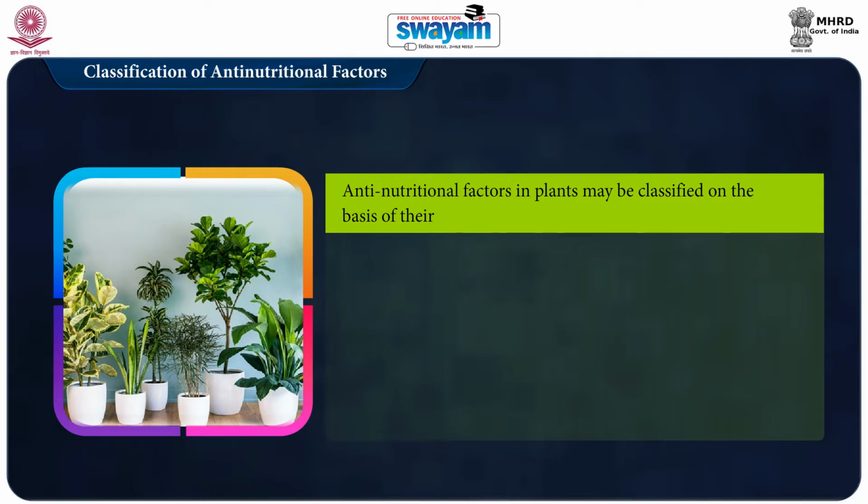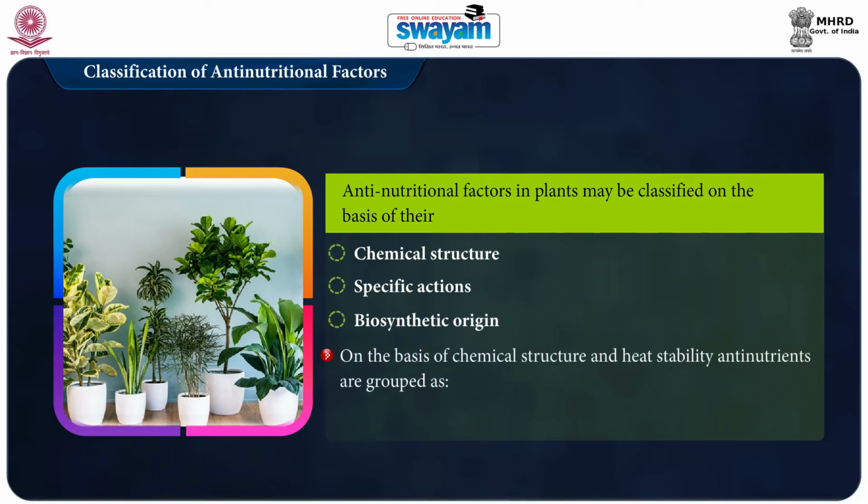Now these anti-nutritional factors in plants may be classified on the basis of the chemical structure, the specific actions they bring about, or their biosynthetic origin. On the basis of chemical structure and heat stability, anti-nutrients are grouped as number 1 proteins and number 2 other substances.